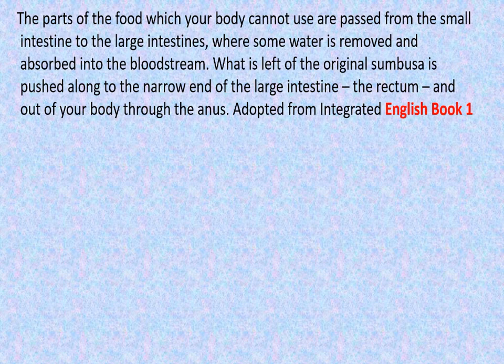What is left of the original sambusa is pushed along to the narrow end of the large intestine, the rectum, and out of your body through the anus. There we have our passage.